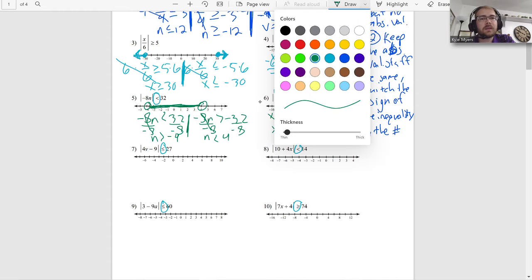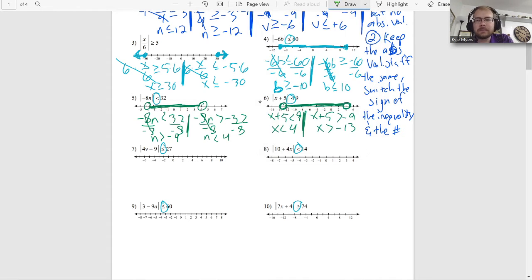And there we go. All right, switching colors again. 4v minus 9 greater than or equal to 27. Keep, change, flip. All right, and we're going to solve it the same way. So I'm going to add 9 to both sides. 4v, 36. Add 9 to negative 27, so I'm actually subtracting. 18.